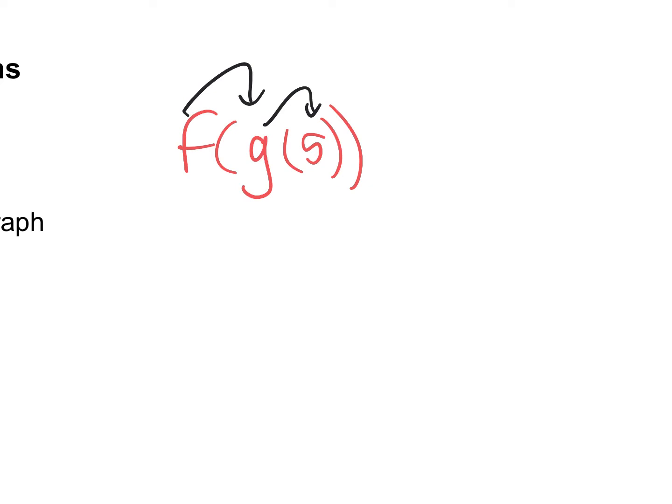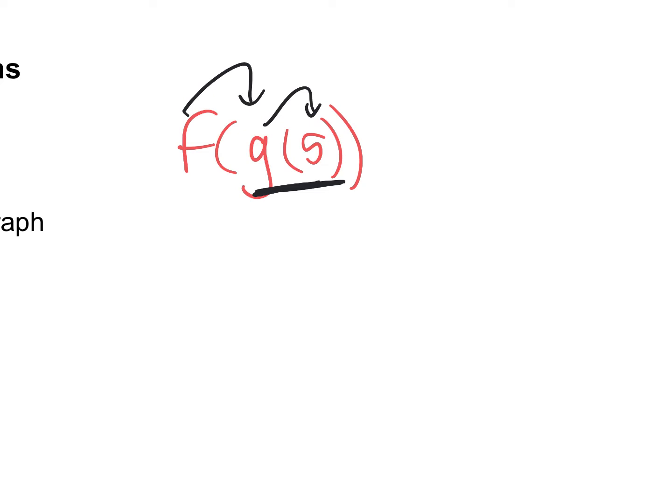I bet you honestly that has happened sometime today in the ocean. You get what I'm saying? Like all on the same day. It's kind of like that. The g function ate the 5, but then it got eaten by the f function.